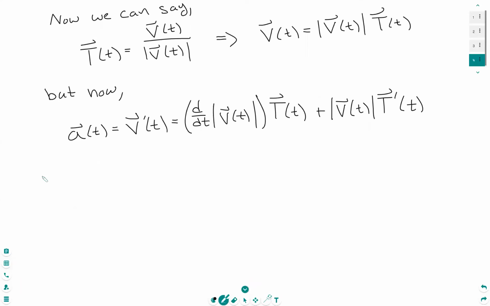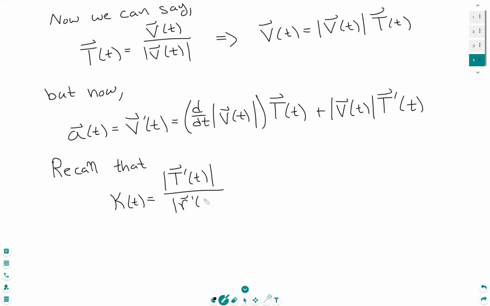Okay, now curvature is coming back into the mix. So we recall that the curvature, kappa of t, one way of writing this was the magnitude of T prime of t over our speed, the magnitude of r prime.